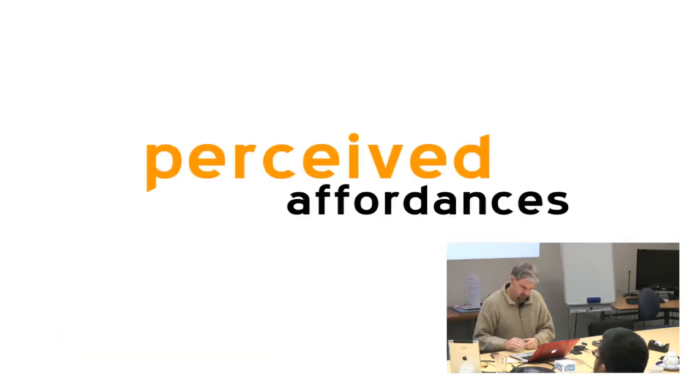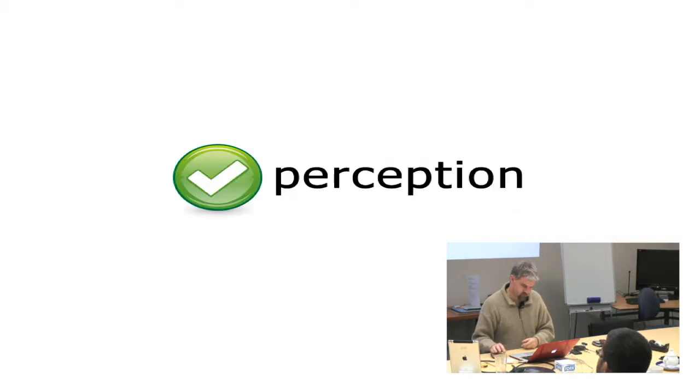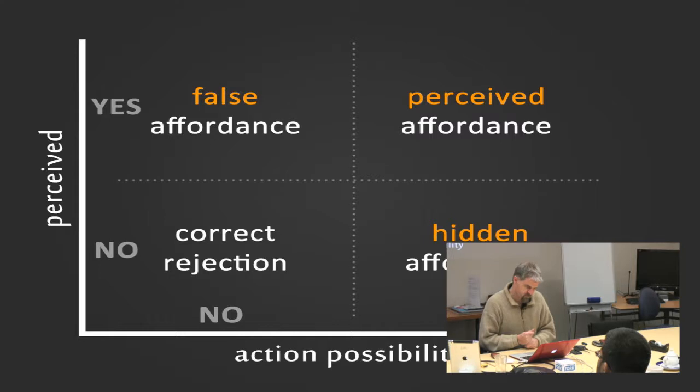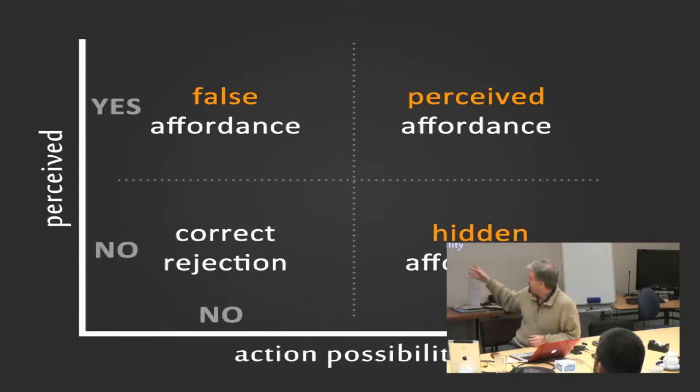So the main thing from a design perspective is to think about the perceived affordances, and so you can build this perception framework here, and this is kind of a 2x2 grid. On one side you've got whether or not the object can act in a certain way, so with a chair, whether or not you can sit on it. And on the other side, whether or not you can perceive that affordance.